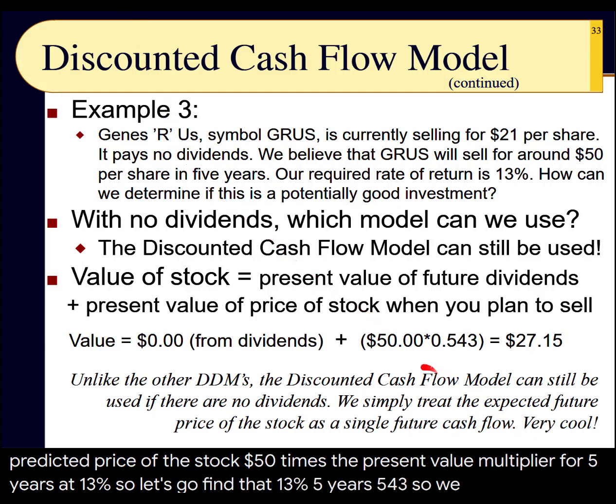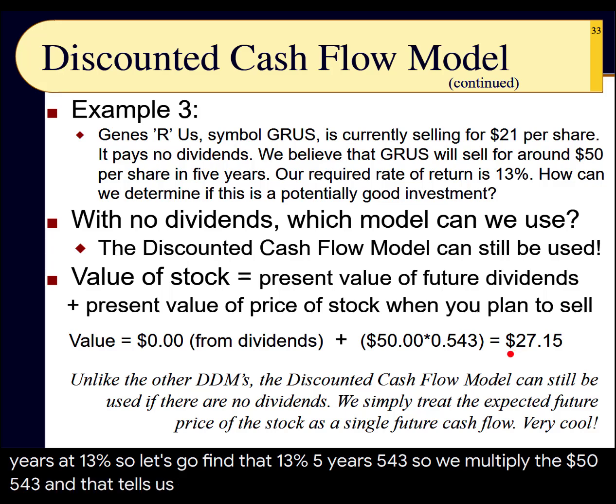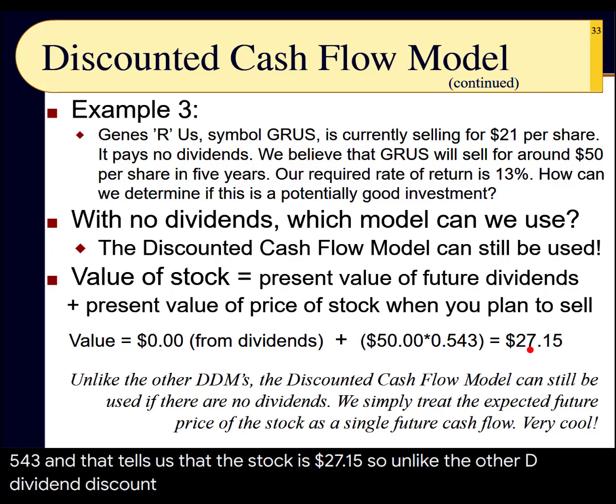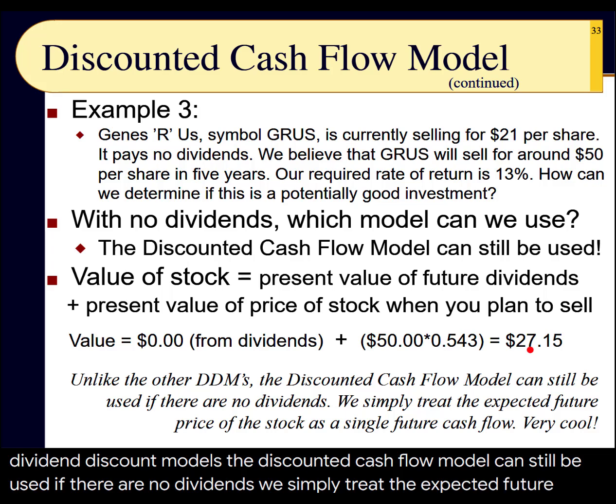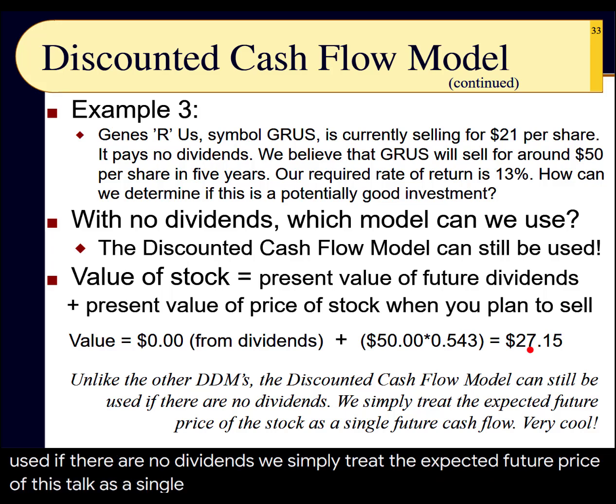So we multiply the $50 times 0.543, and that tells us that the stock is worth $27.15. So unlike the other dividend discount models, the discounted cash flow model can still be used if there are no dividends. We simply treat the expected future price of the stock as a single future cash flow.